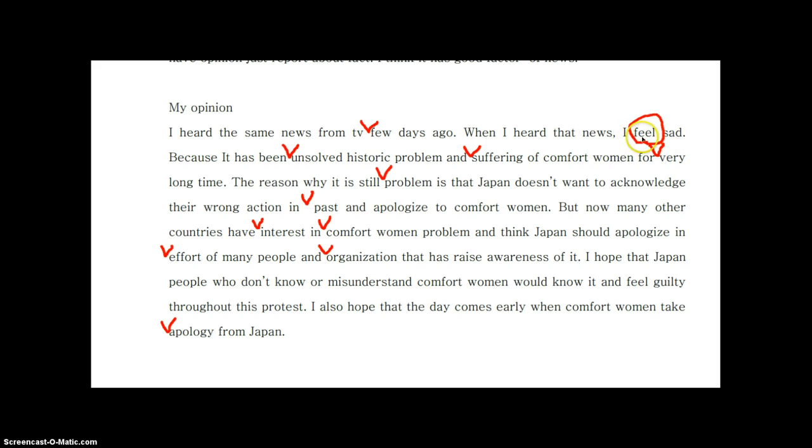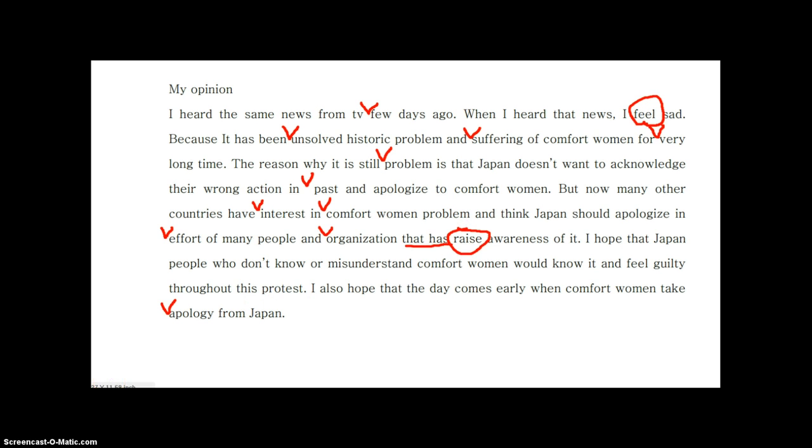It's a past tense, so you can go ahead and put it in the past tense. And also right here, "organization that has raised awareness of it". This also happens in the past tense, especially using "that has". So I'm going to circle it and let you put it in the past tense as well.